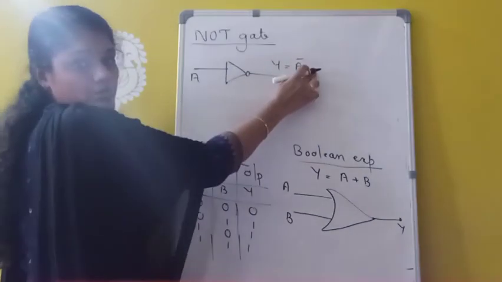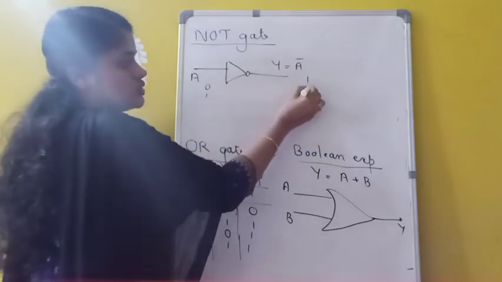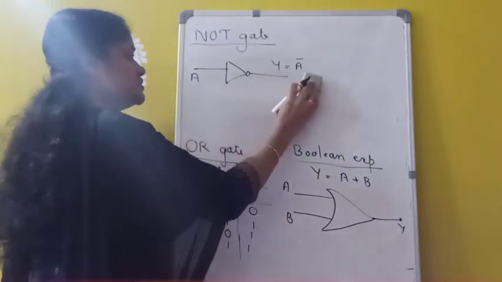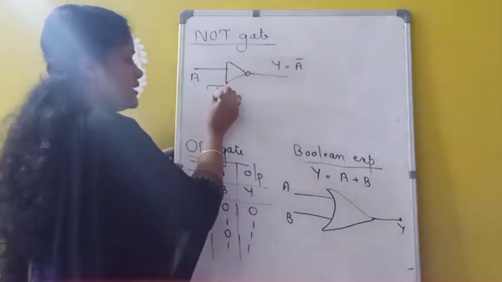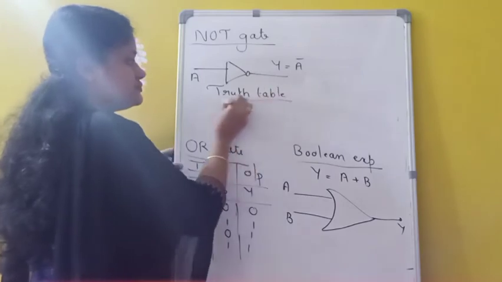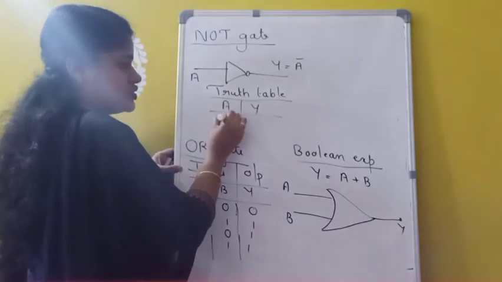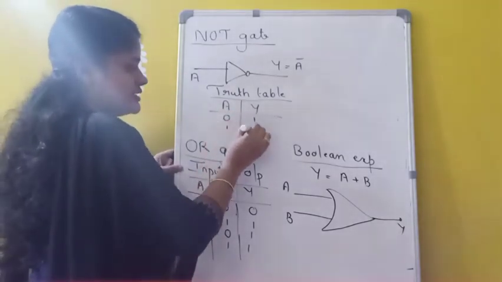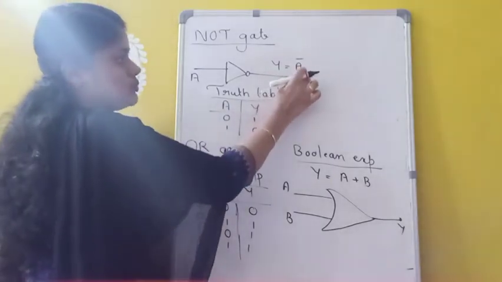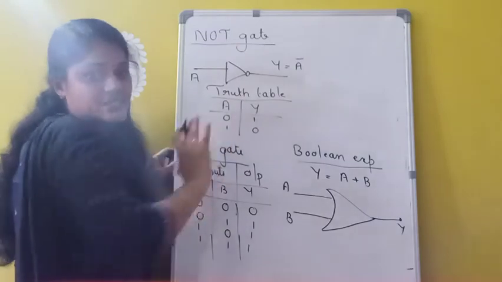Suppose the input is 0, the output will be 1. Suppose the input is 1, the output will be 0. So the truth table has only one input and one output: A is the input and Y is the output. A 0 means output is 1, A 1 means output is 0. This is the symbol, and Y equals A complement is the Boolean expression for the NOT gate.